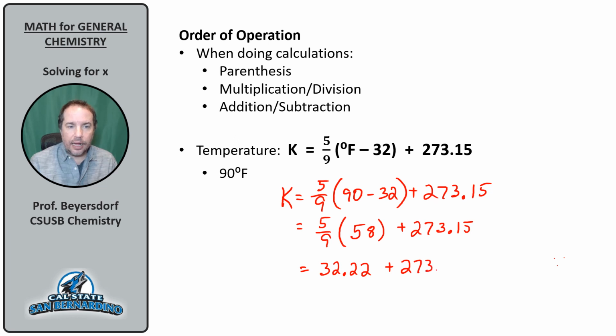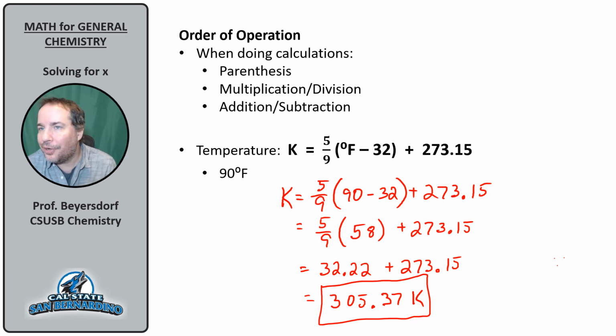And then I do the addition. Okay, so I add 273.15, and that is 305.37 Kelvin. So when I do calculations, I go parentheses first, then multiplication, division, and then addition, subtraction.